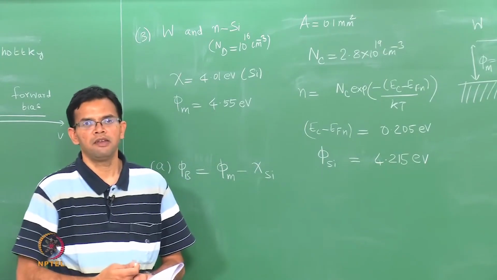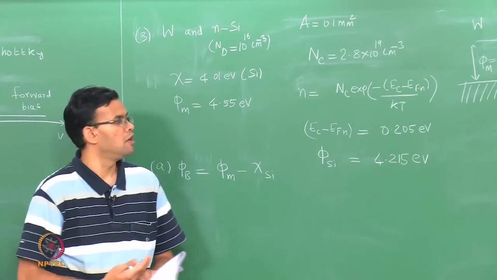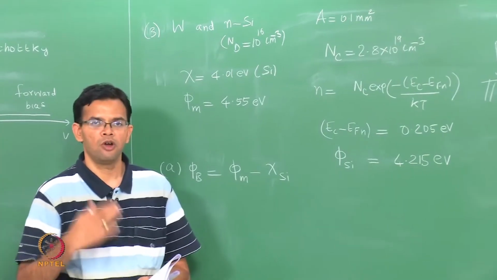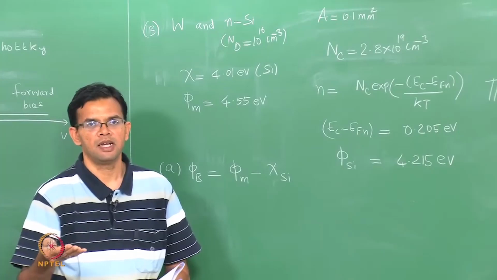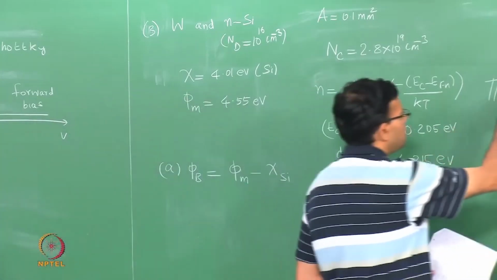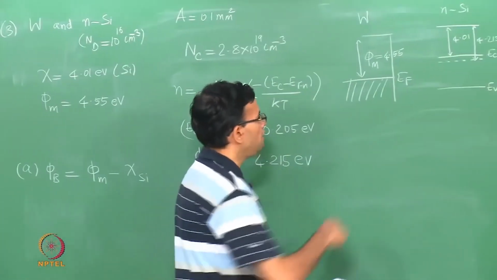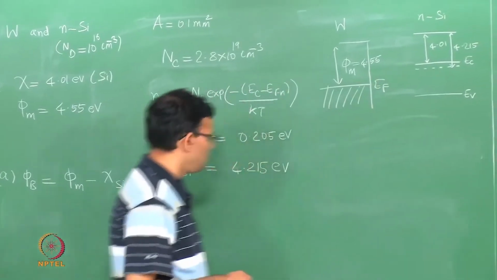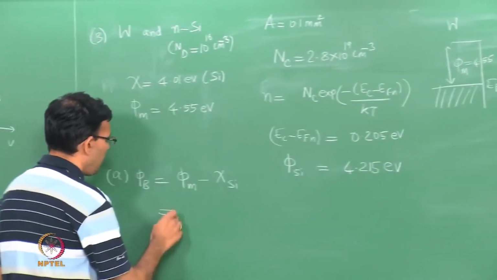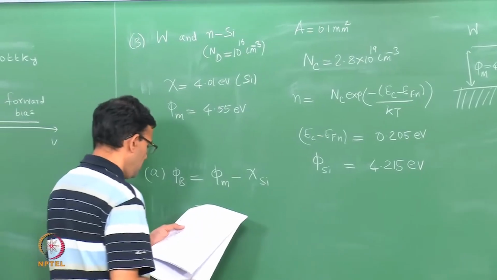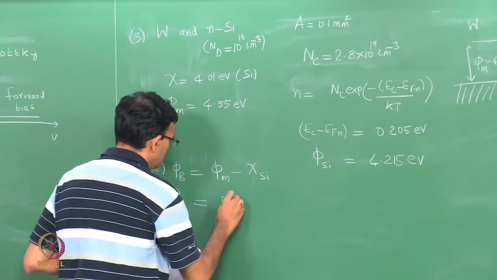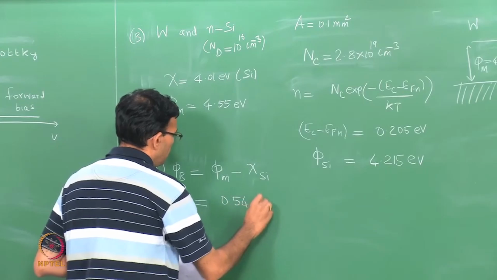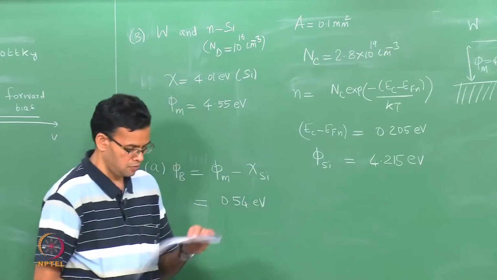The Schottky barrier represents the barrier for the electron to move from the metal to the semiconductor side. So, you have an electron going from EF to the conduction band. So, this is just phi m minus chi Si, can put in the numbers, and this is 0.45 electron volts.